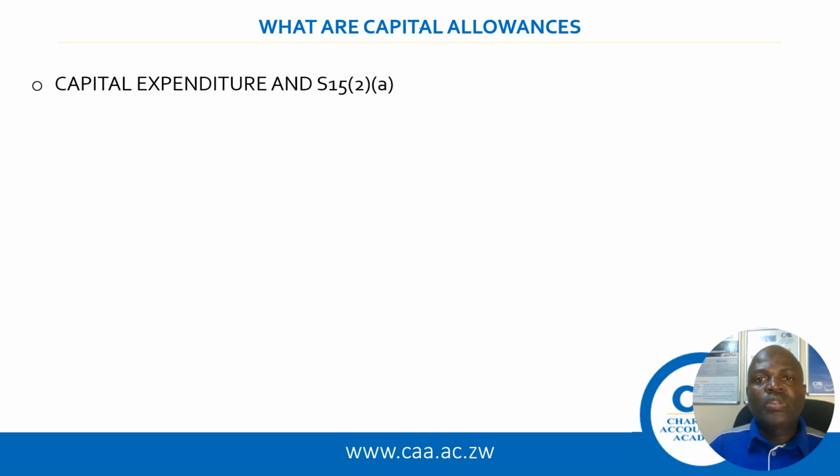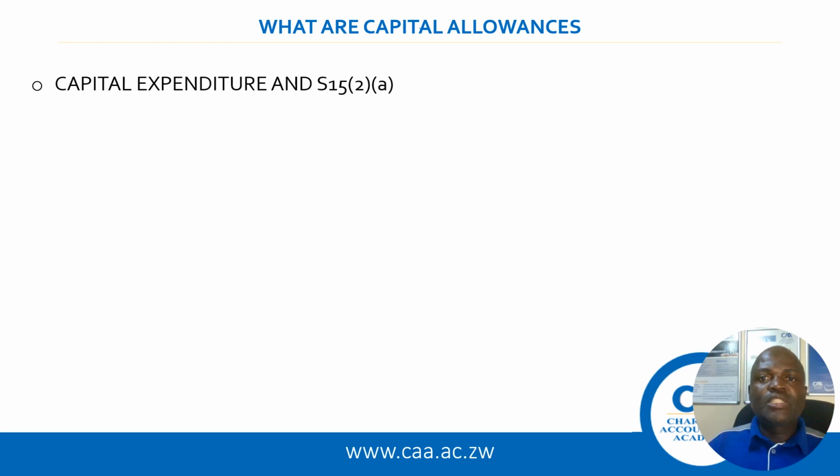This is through section 15.2a that says any expenditure or loss that has been incurred for the purpose of trade or in production of income, but not of a capital nature, is deductible. So now we do have expenditures and losses that are capital in nature, and section 15.2a says they are not deductible.